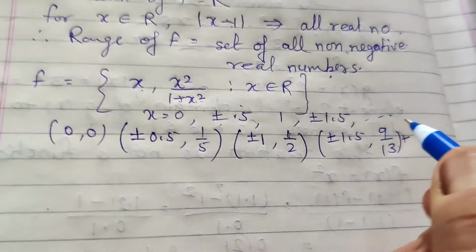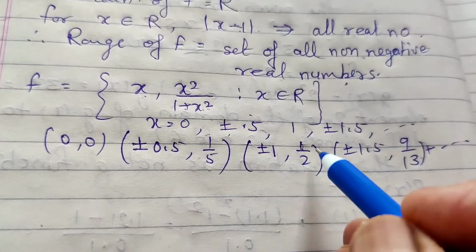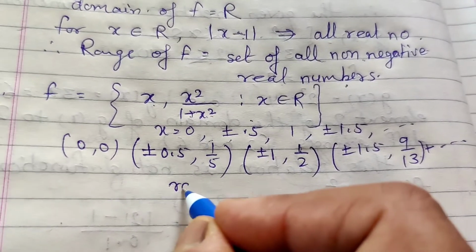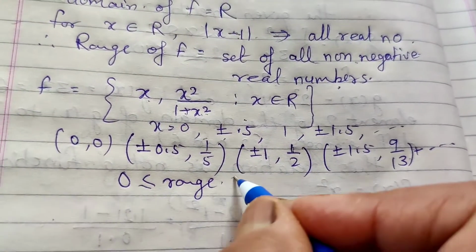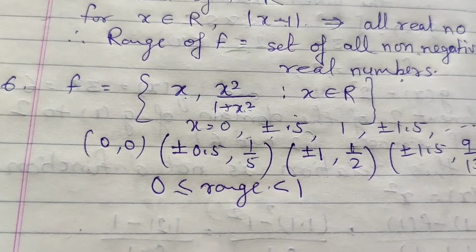Okay. So we know that each element is less than 1 but greater than or equal to 0. The range is greater than or equal to 0 but less than 1. The denominator is always greater than the numerator.